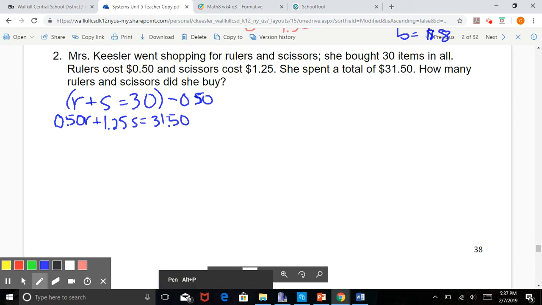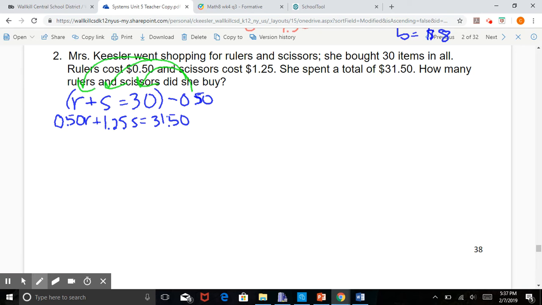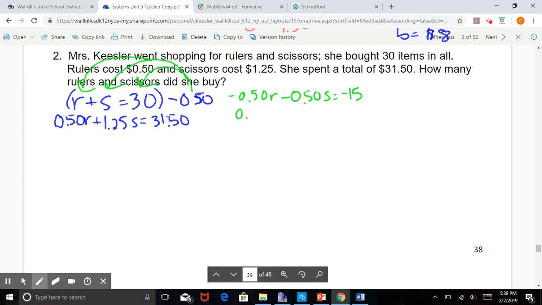So we're going to go ahead and distribute that 50 cents, which gives us negative 50 cents R minus 50 cents S equals negative 15. Bring the second equation over. 50 cents R plus $1.25 S equals $31.50. And now we can start eliminating a variable.